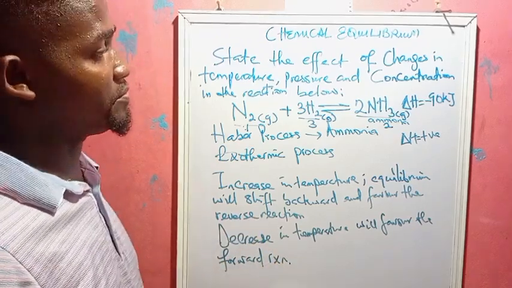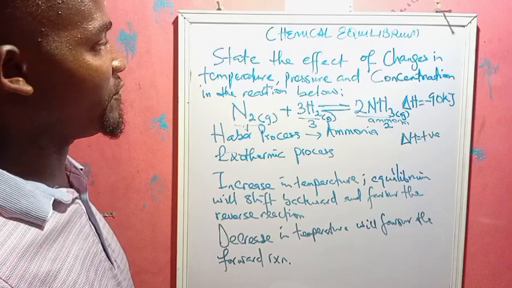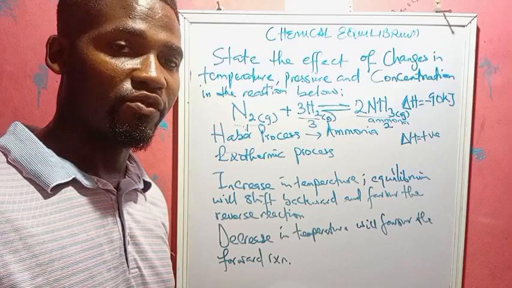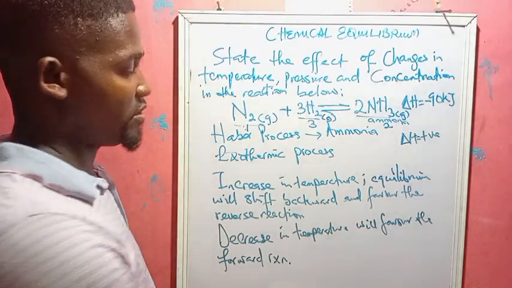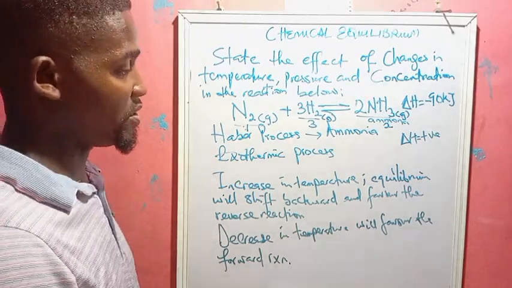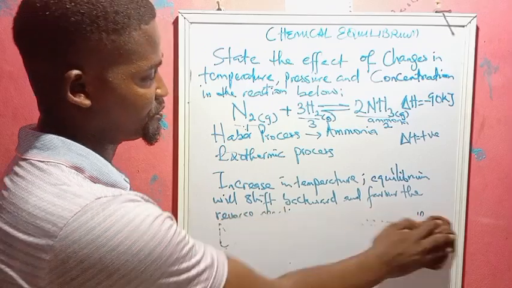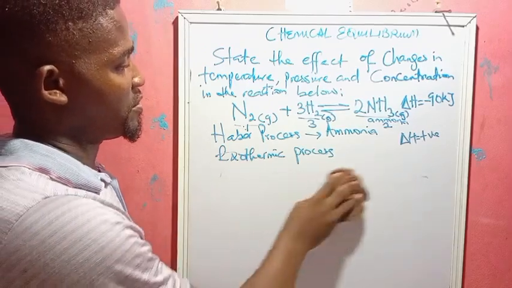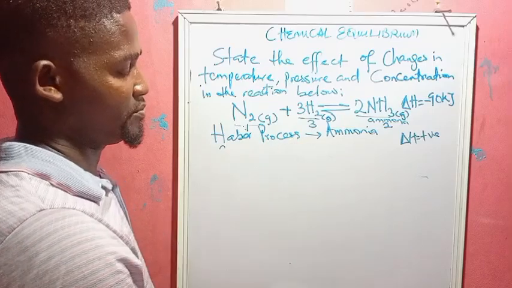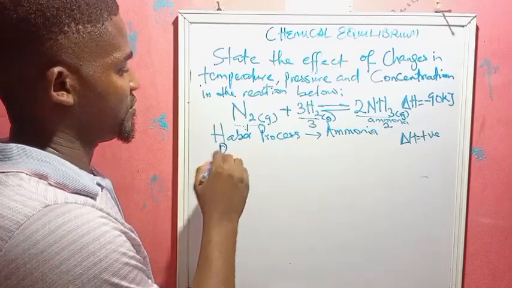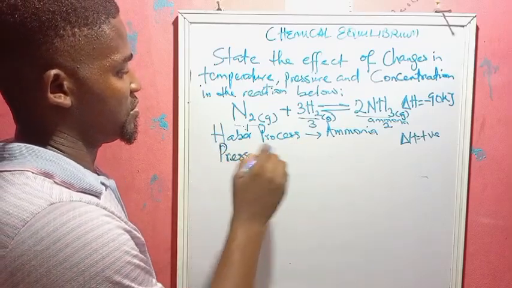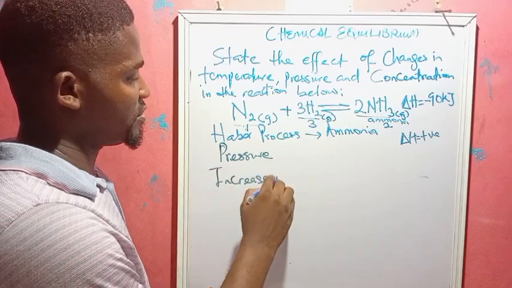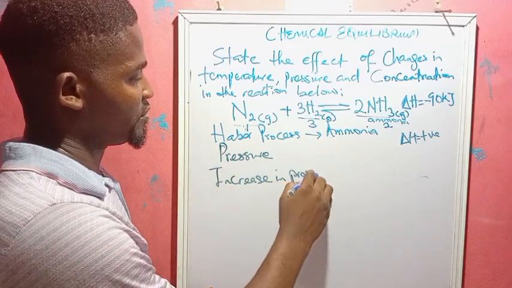Now, what about pressure? This was about temperature, take note. In terms of pressure, we're looking at the number of moles of reactants that will lead to the number of moles of products. Let's look at the effect of pressure. What will happen if there's an increase in pressure?